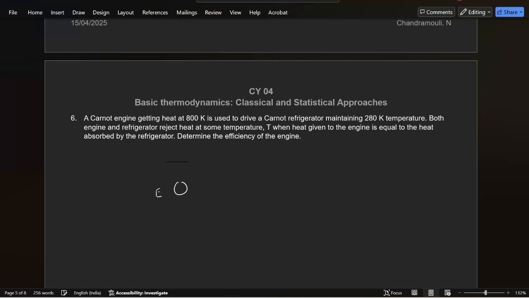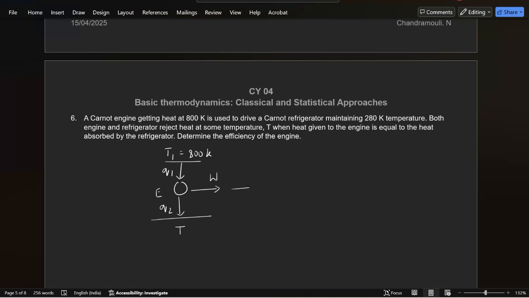And what they're telling is there is a higher temperature, that is T1, that is equal to 800 Kelvin. And it's drawing a certain amount of heat Q1, and it is doing some work W, and it's releasing some heat, let me put it as Q2, to some temperature T.